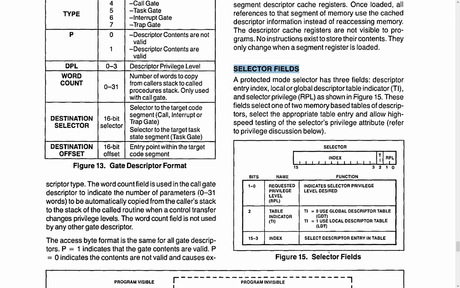In every selector there is something called requested privilege level.